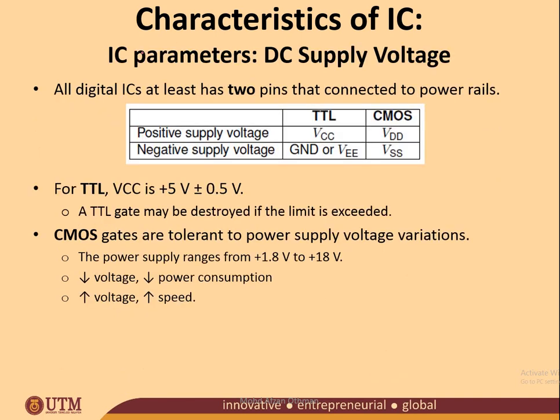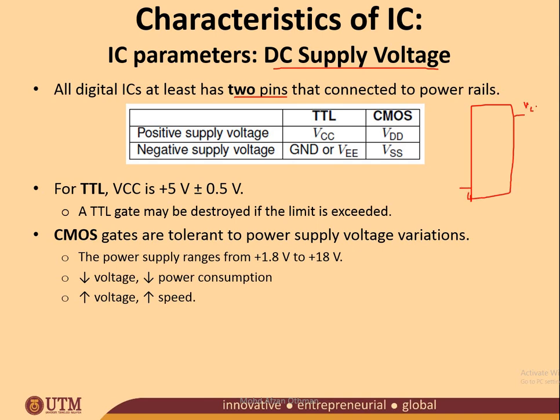Now IC parameters, we go to the next one. The first one is the DC supply voltage. All digital ICs have at least 2 pins that connect to the power rail. So in your chip you should have 2 pins minimum.